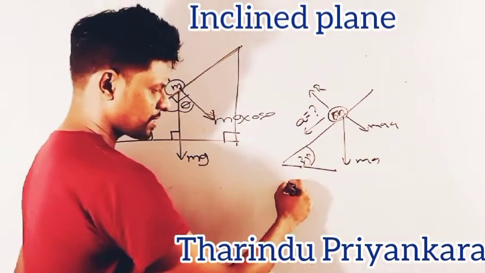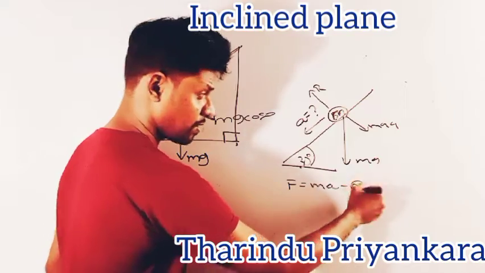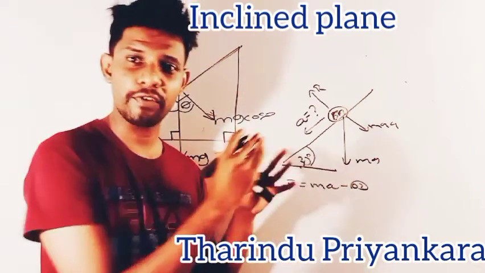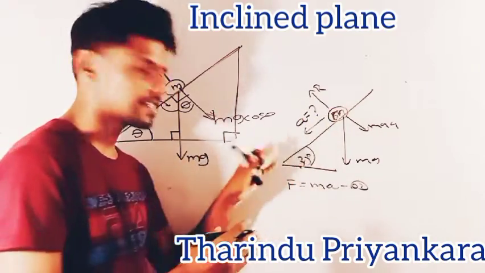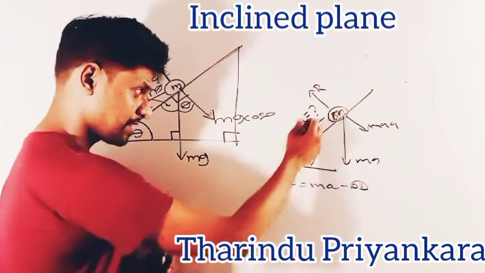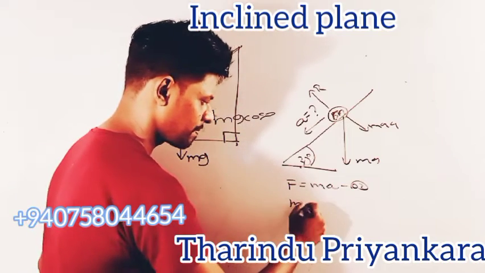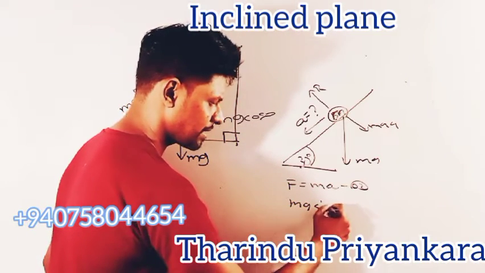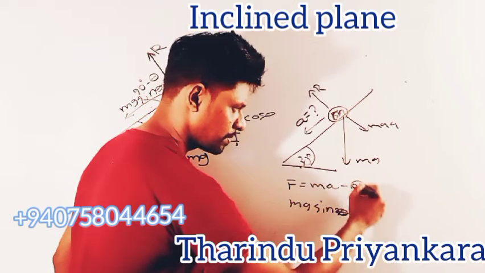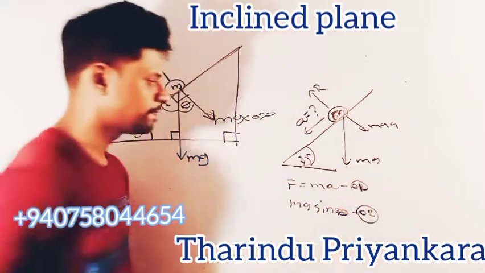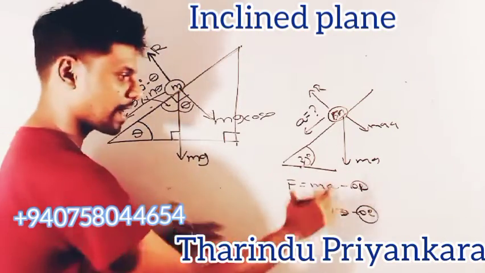So the downward force is F equals ma, that's according to Newton's second law of motion, and the force which is dragging this one along the slope is going to be what? mg sine theta, as we found earlier. The second one, mg sine theta, number 2. So how to resolve these two forces now? 1 and 2.